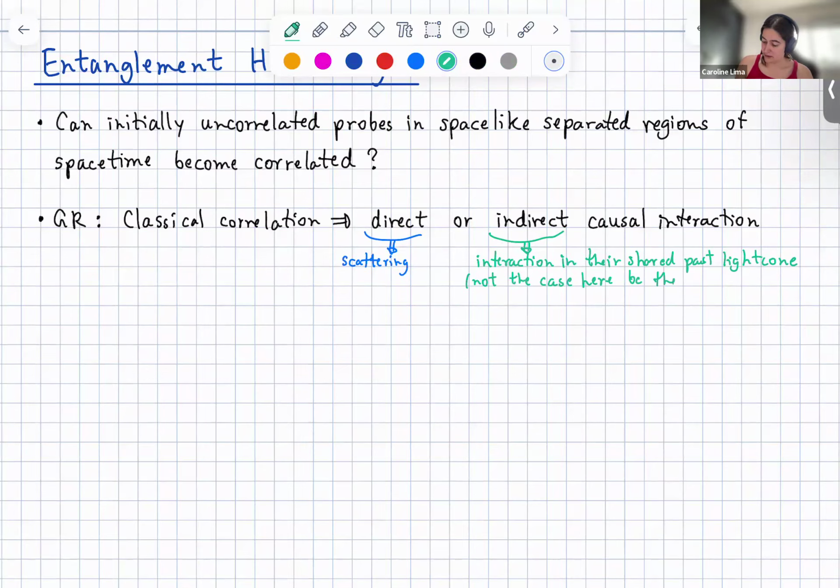Because they are initially uncorrelated, right?